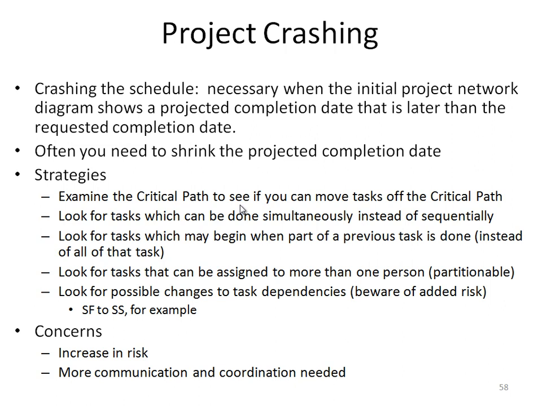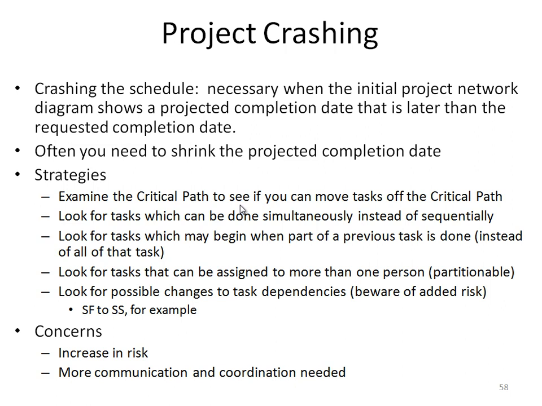Now remember that I told you that we don't have any slack in the other activities. So if we don't have any slack, how can we crash the critical path or the project schedule? First of all, we need to examine the critical path to see if you can move some tasks of the critical path.